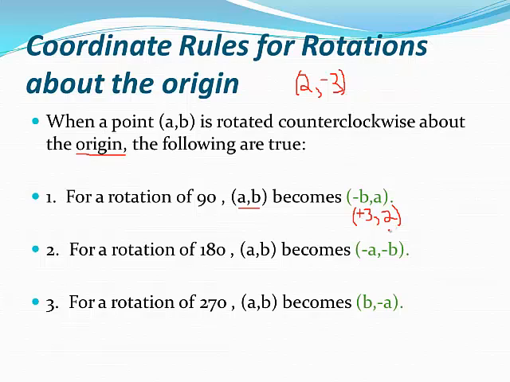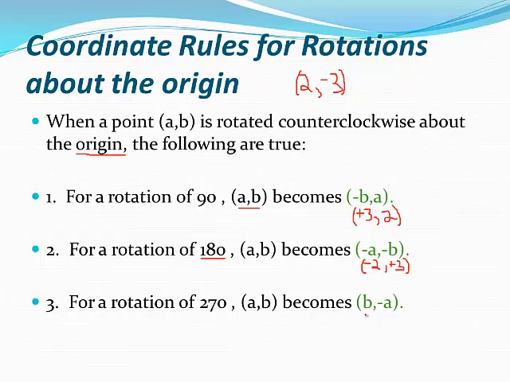And that's my point rotated. All you're doing is just applying the rules. For a rotation of 180 degrees, this one's the easiest. You just take the opposite of both of them. So this would be -2, comma, the opposite of -3, which is +3. And that's your point that's rotated. And last but certainly not least, rotation of 270 degrees.